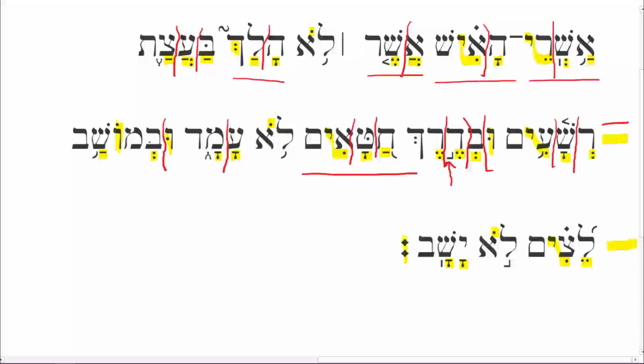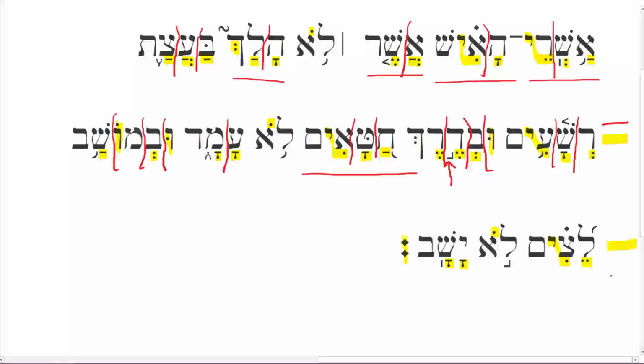So then we go to the next letter. It's got its own vowel, so we divide before it because it's beginning its own syllable. And then we come to the next letter, the shin here. It's got its own vowel, so we divide before it, and then we're at the end of the word. So we have u, vi, mo, shav.